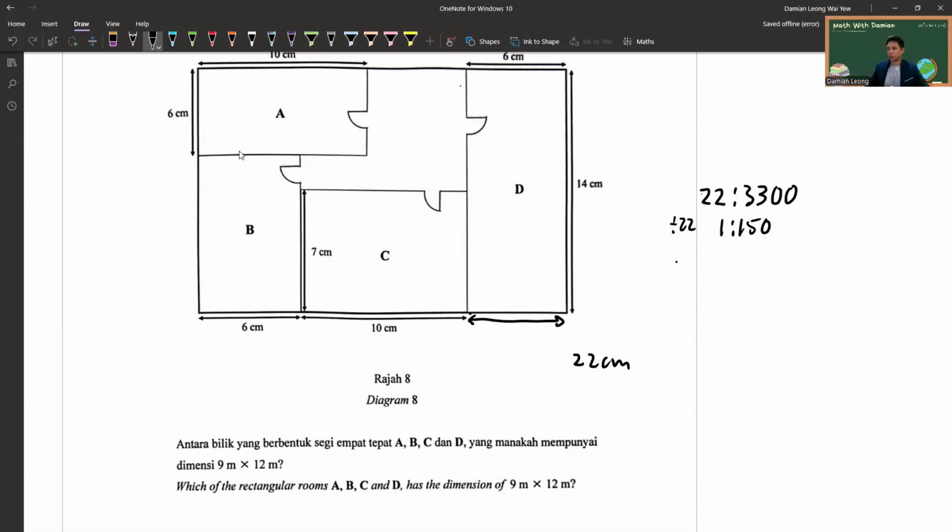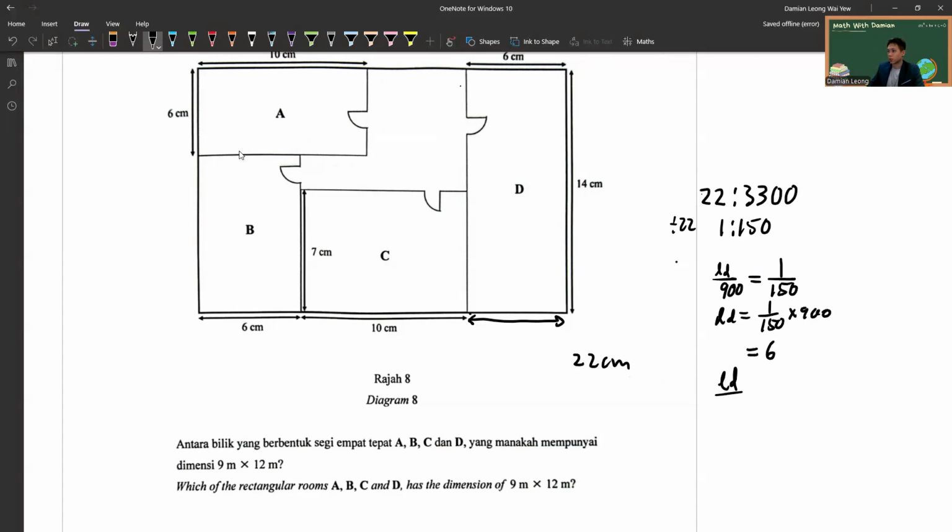So they ask which room has a dimension of 9 meters by 12 meters. So I convert from the actual length to the drawing length. Drawing length over the actual length, 9 meters means 900 cm, equals the scale 1 over 150, so the drawing length is 1 over 150 times 900, which is 6.